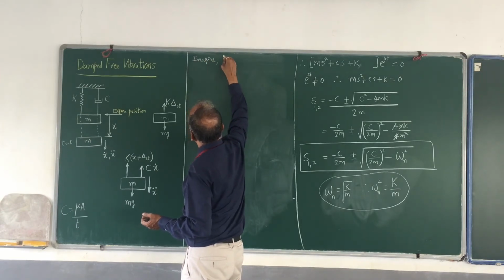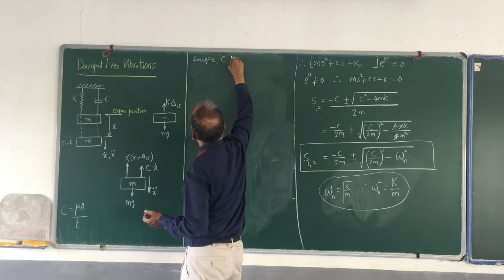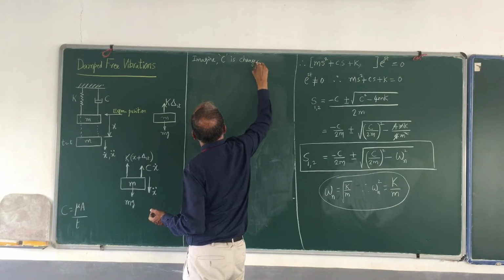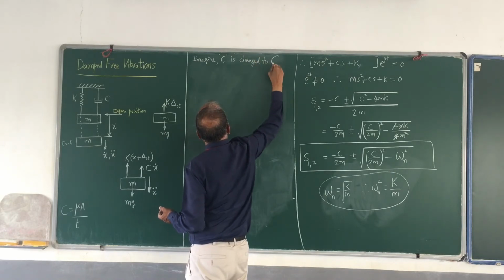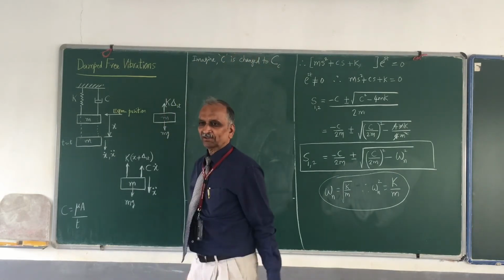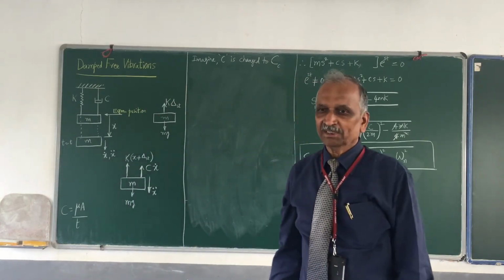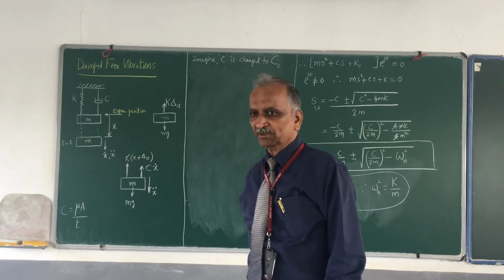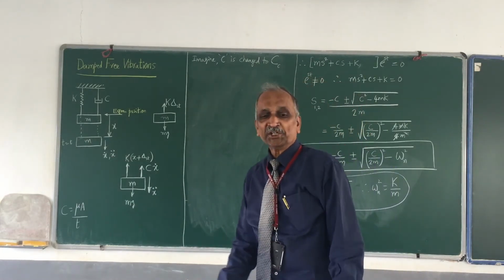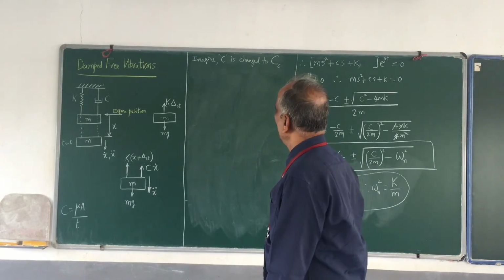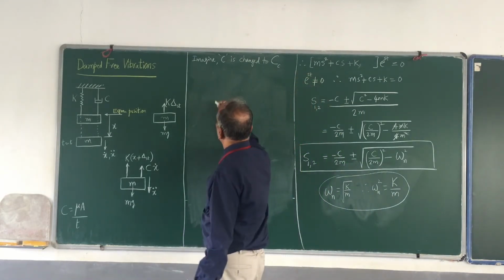Imagine that C is changed to C suffix C. What is that suffix C? We call it critical. CC, we are going to name it a little later, the critical damping coefficient. C to CC.